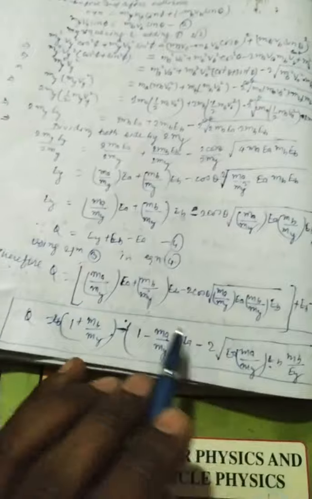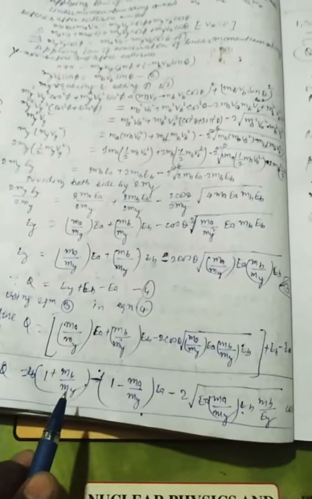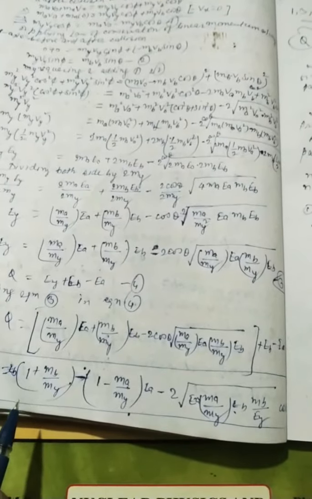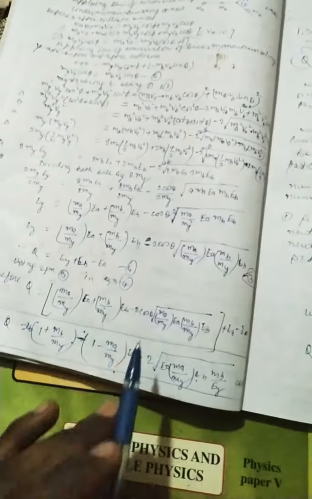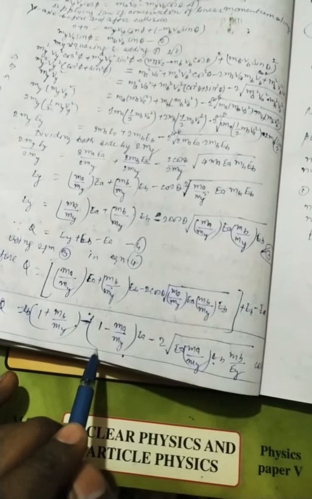So this is the expression for the Q value, known as the Q equation of a nuclear reaction.